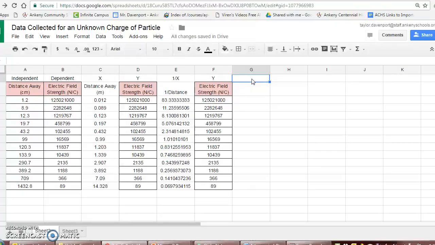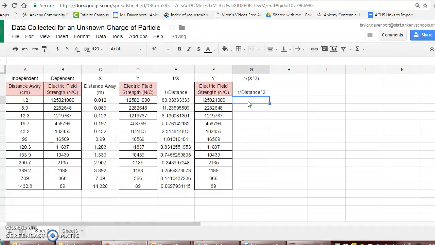In order to do that, I will now graph 1 over X squared, meaning 1 over distance squared.